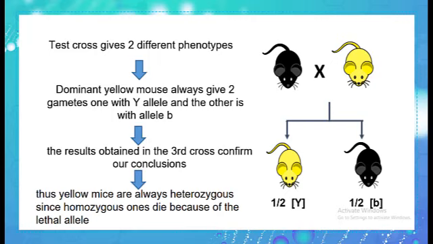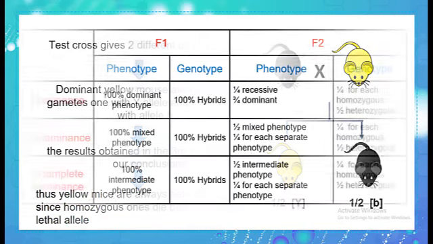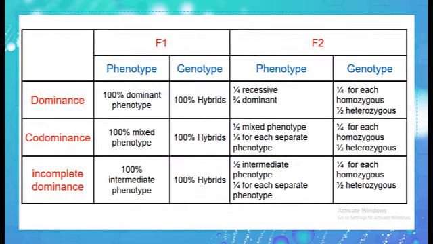Thus, yellow mice are always heterozygous, since homozygous ones die because of the lethal allele. So, I guess it is really important that you memorize all expected proportions of crosses so that you can detect any changes to these proportions, and here is a table that sums up those proportions for you.